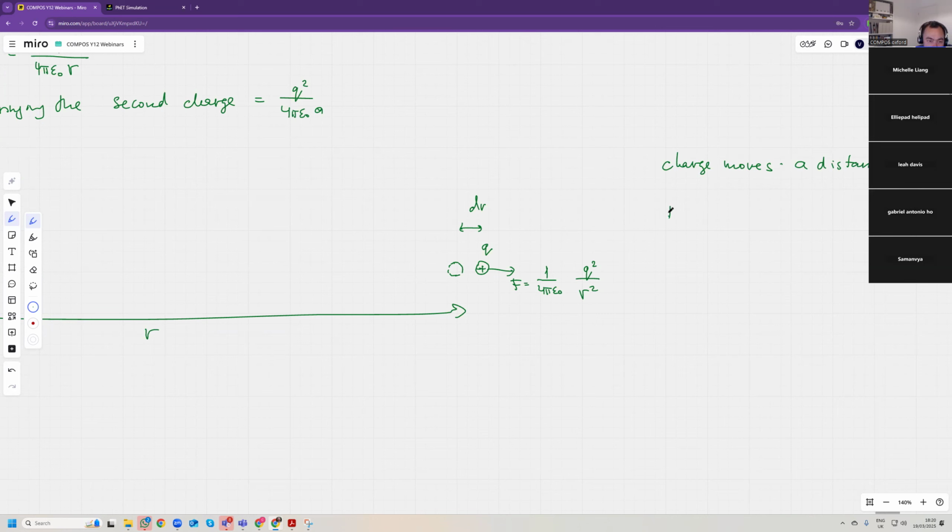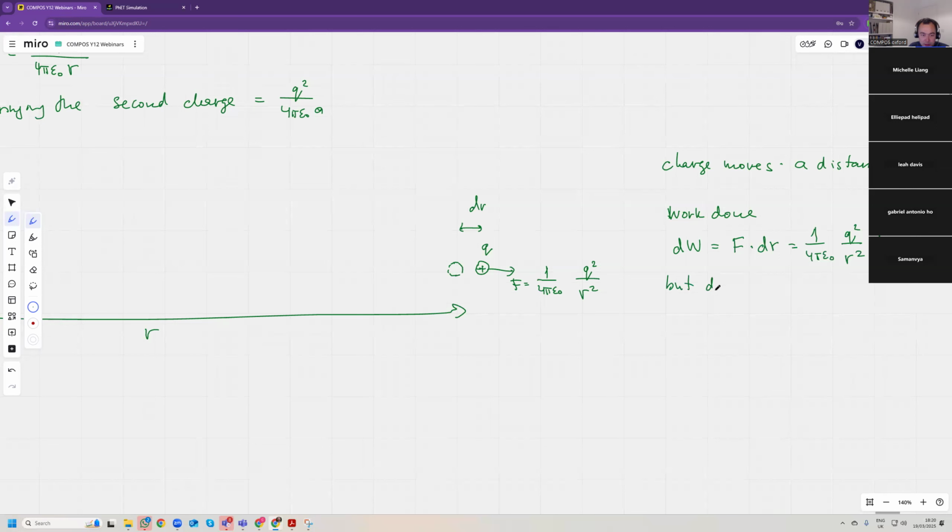Then the work done, dW, is a small amount of work. So it's a small amount of work to move the charge a small amount. The work done, dW, is the force multiplied by dr. Or in other words, 1 over 4 pi epsilon naught Q squared divided by R squared, dr. There is a catch though. dr is negative.